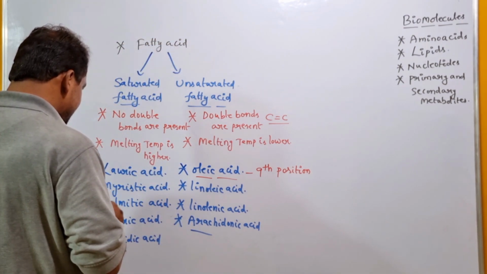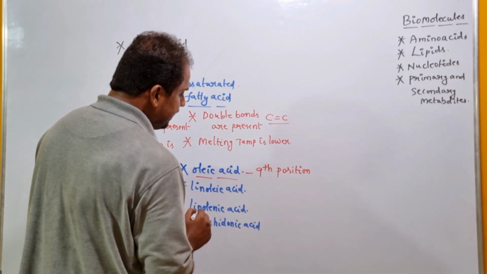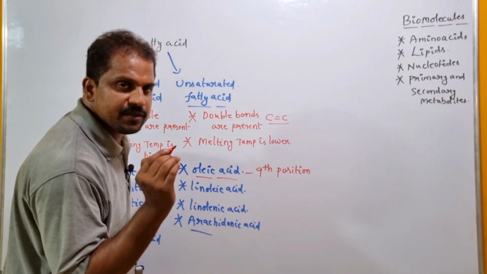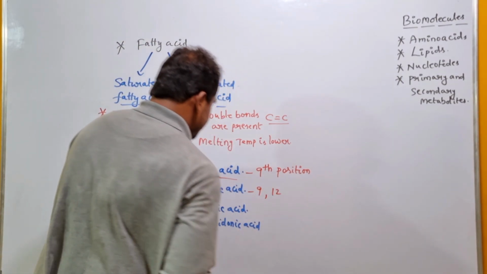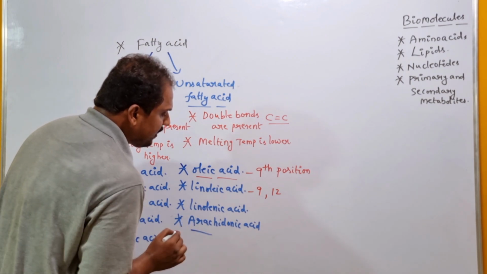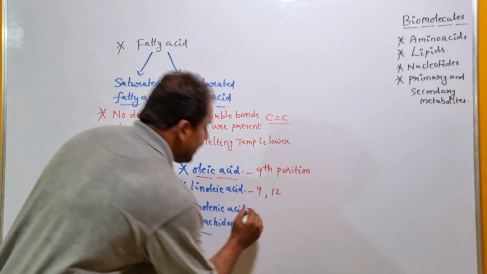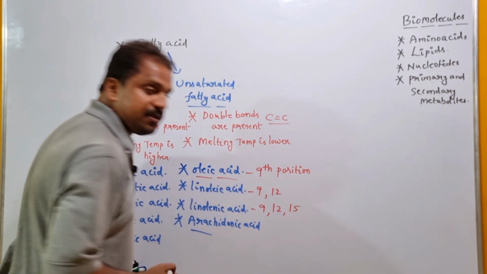Then if we consider linoleic acid, the double bonds are present at the ninth position and at the 12th position. And in case of linolenic acid, double bonds are present at the 9th position, 12th position and even at the 15th position.